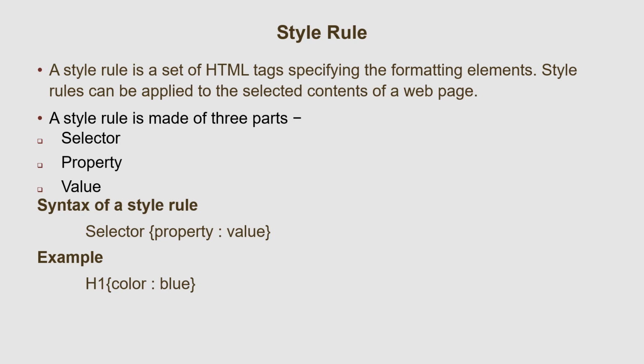Here we have one example. For the h1 tag, we have the property color, and we are setting the color to blue. So whenever we use an h1 tag, the text color will be blue.